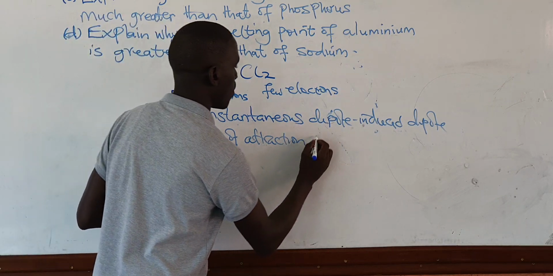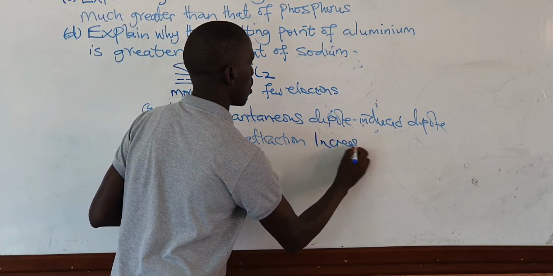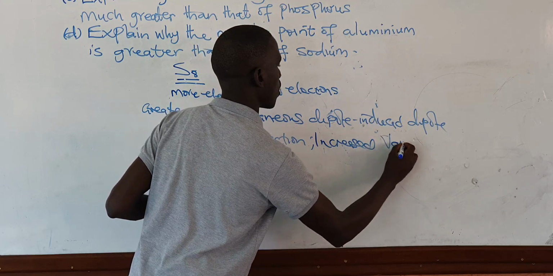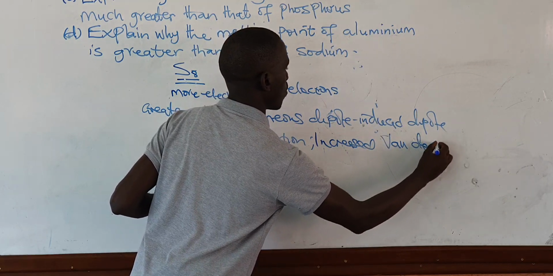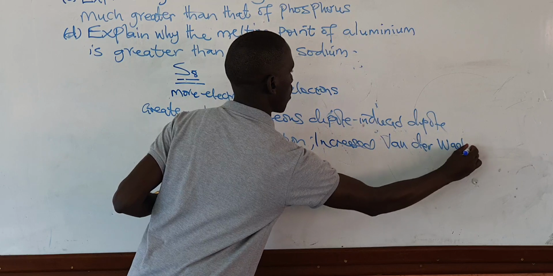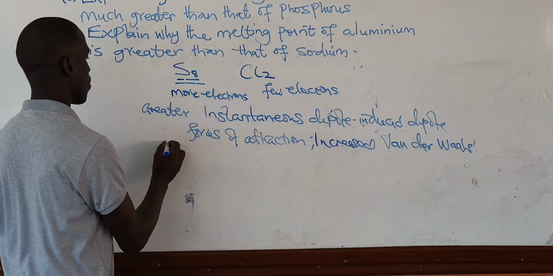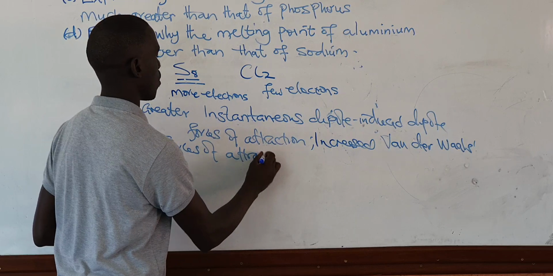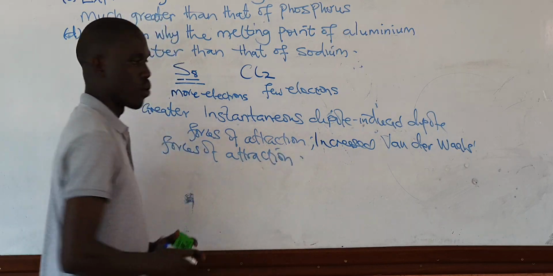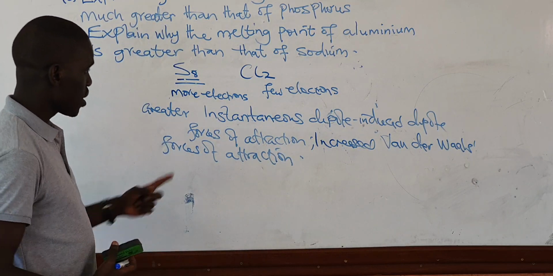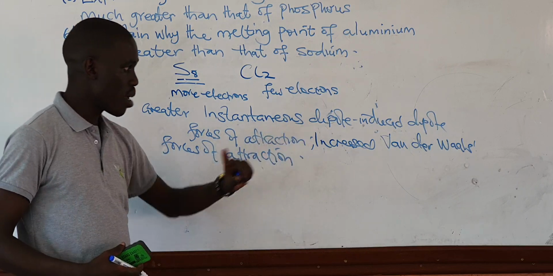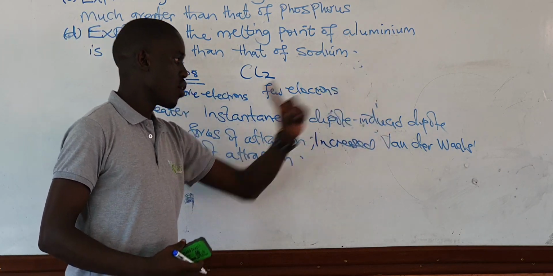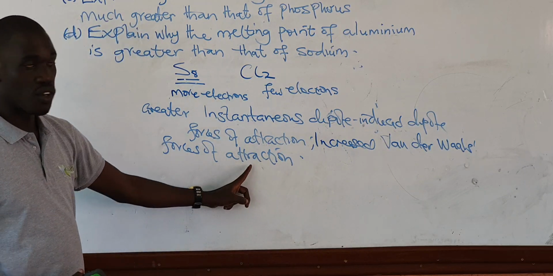So we have here increased van der Waals forces of attraction. So, the greater the instantaneous induced dipole forces of attraction, the greater the van der Waals forces of attraction.